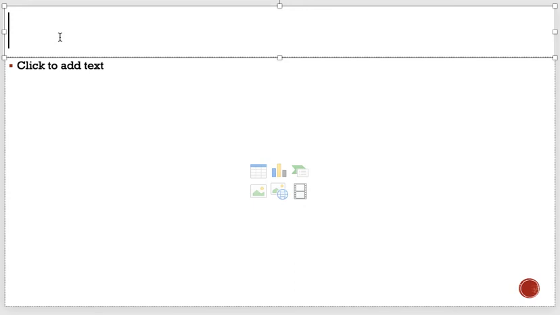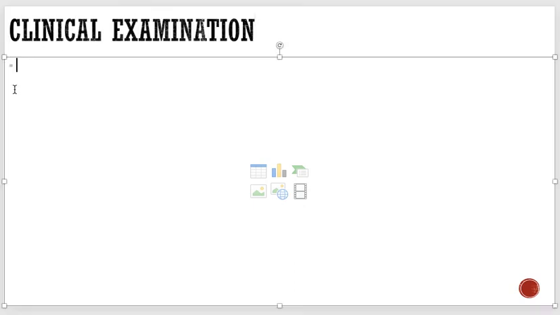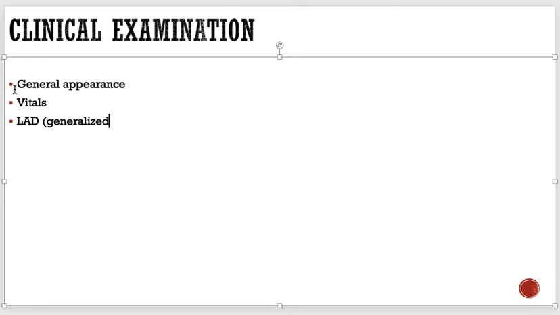Then we will go for clinical examination. In clinical examination, guys, the same things: general appearance, you will check how the patient looks. You will take the vitals of the patient. You are going to examine the lymphadenopathy. You have to differentiate whether it's generalized or localized. And what else?